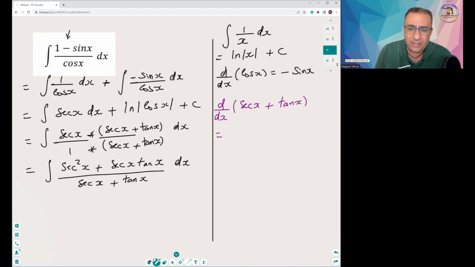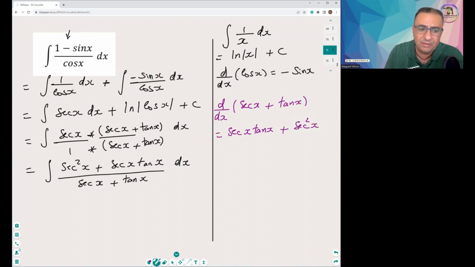You will find that the derivative of secant is secant times tan, and the derivative of tangent is just secant squared x, which is exactly what we have at the numerator. So the numerator becomes the derivative of the denominator.